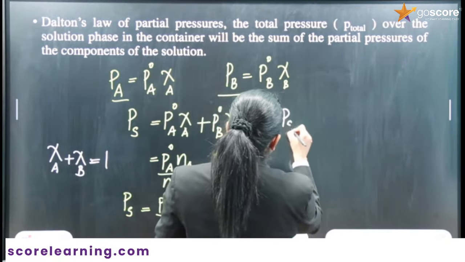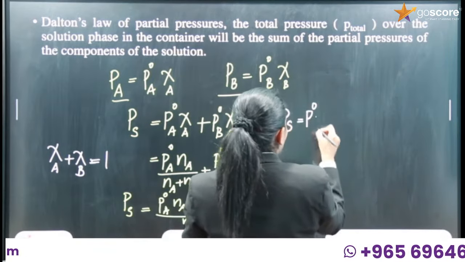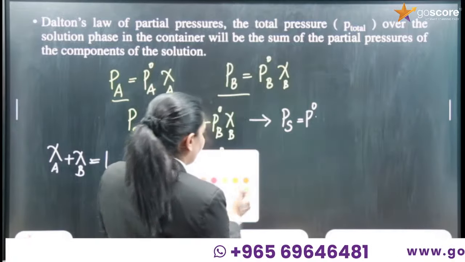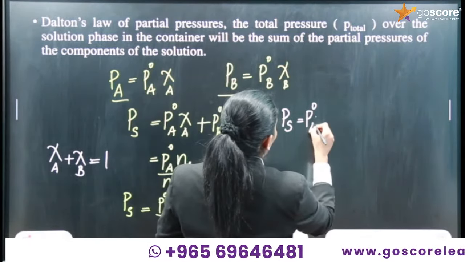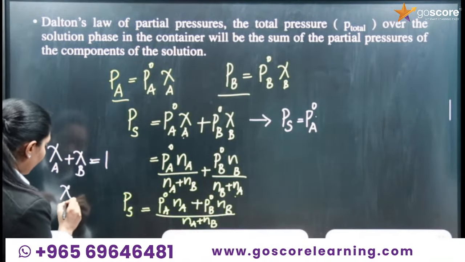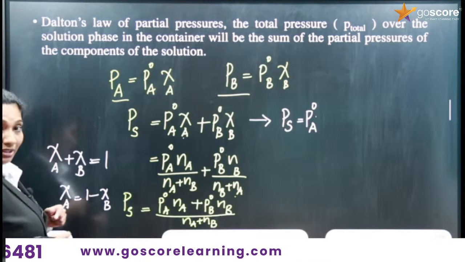PS is equal to what? P naught A, sorry. I can rewrite it as P naught A into chi A. Chi A is equal to what? 1 minus chi B. Isn't it?